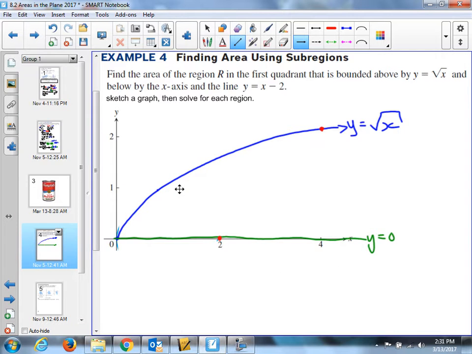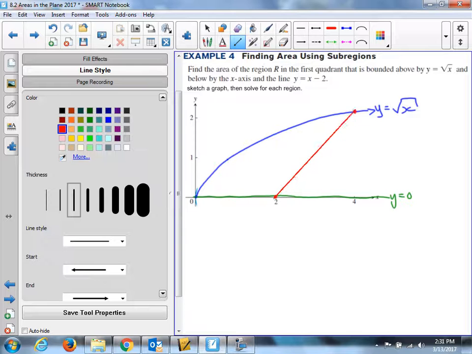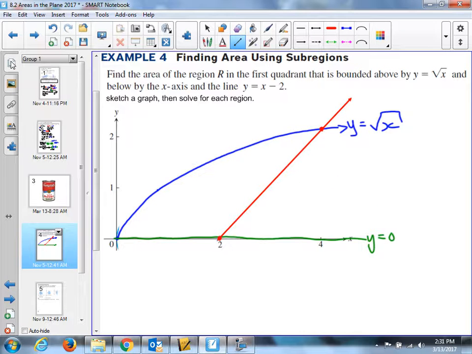I want to choose red. All right. So there's my chunks, right? My 3 functions.